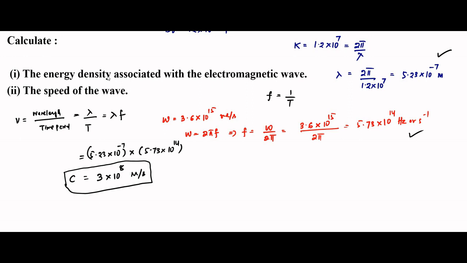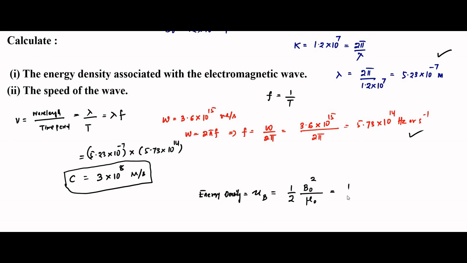Now we have to calculate the energy density. The energy density in terms of the magnetic component, UB, is given by 1 by 2 times B0 squared by μ0, where B0 is the amplitude of the magnetic component and μ0 is the absolute permeability.